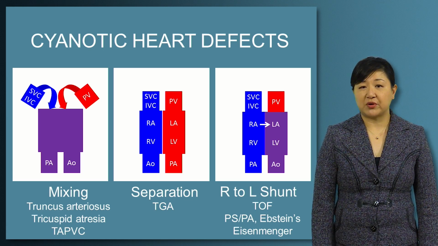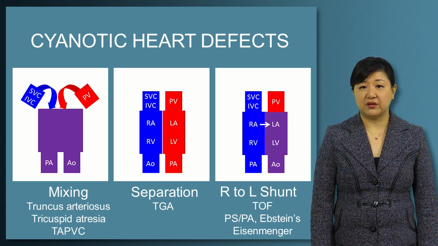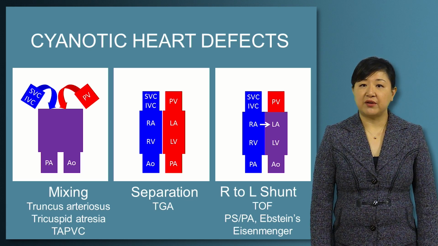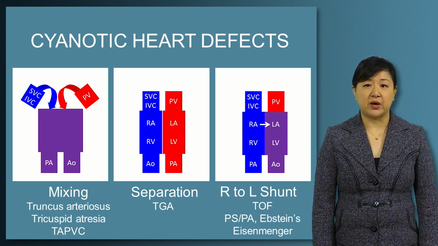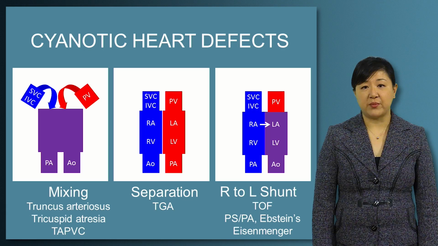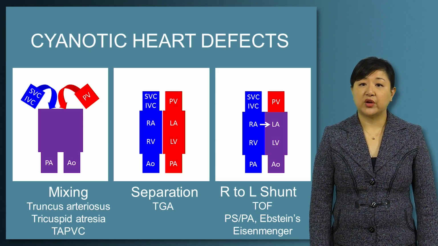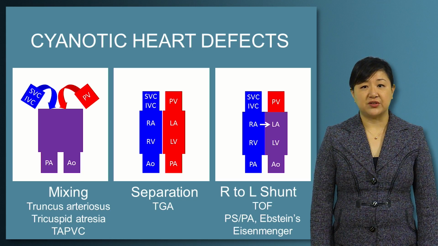You can have complete separation of the systemic and pulmonary circulations, such as in transposition of the great arteries. And you can have a right to left shunt due to obstruction to pulmonary blood flow. This can be anatomic, such as tetralogy of Fallot, pulmonary stenosis, pulmonary atresia, or Epstein's anomaly, or it can be physiologic, such as Eisenmenger syndrome.